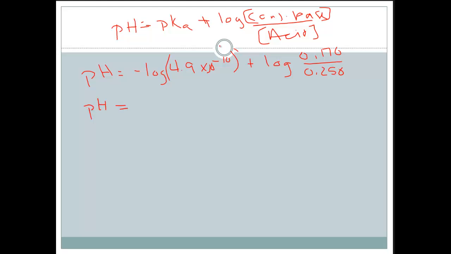If we take the negative log of the Ka, it comes out to be 9.31. Divide this out, it comes out to be 0.68.